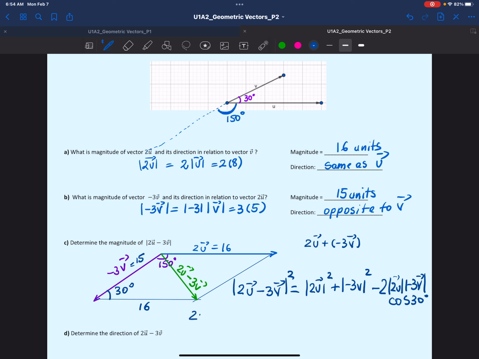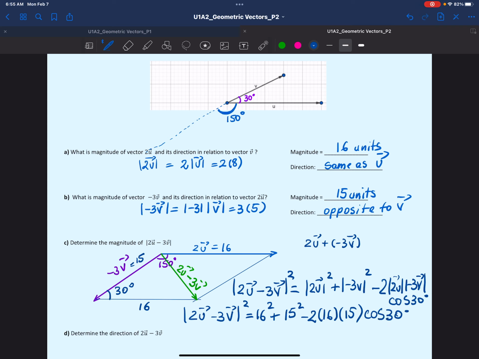So in other words, we'll say the magnitude of 2u minus 3v squared equals, remember 2u has a magnitude of 16, so that's 16 squared, plus negative 3v has a magnitude of 15, so 15 squared, minus 2 times 16 times 15 times cos 30.